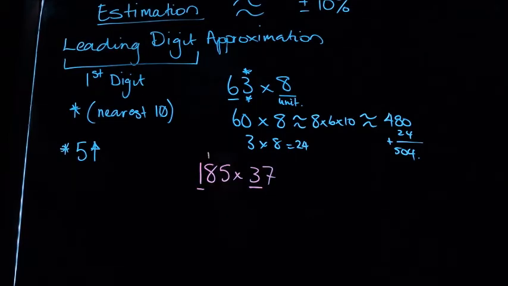I only need to look at the digit next to the 1, and that's going to go to 200 times, here's my leading digit, the 3. I only need to look at the digit next door, so that's going to be 40. So what does this look like? I'm just going to punch the numbers out here, and that is going to be 8,000. Okay, there's my estimate.